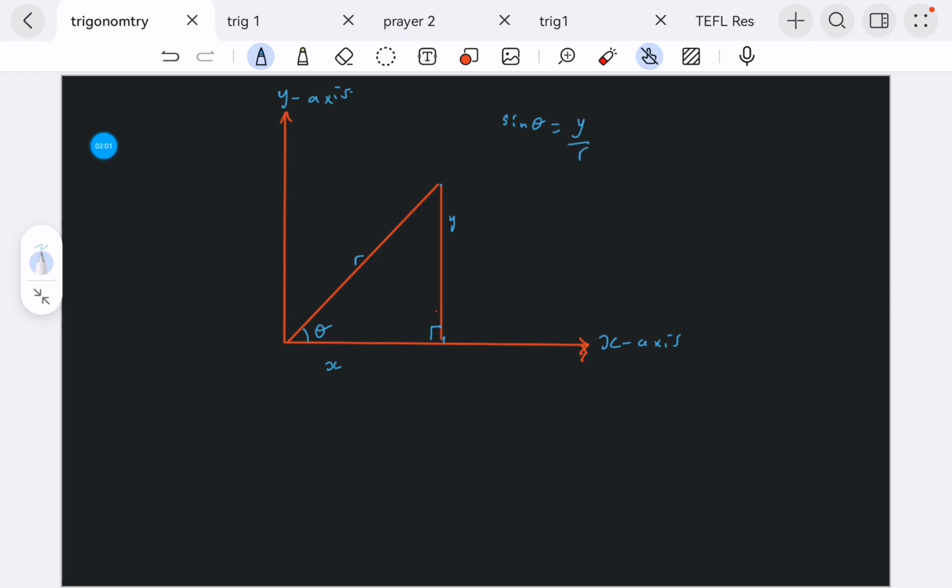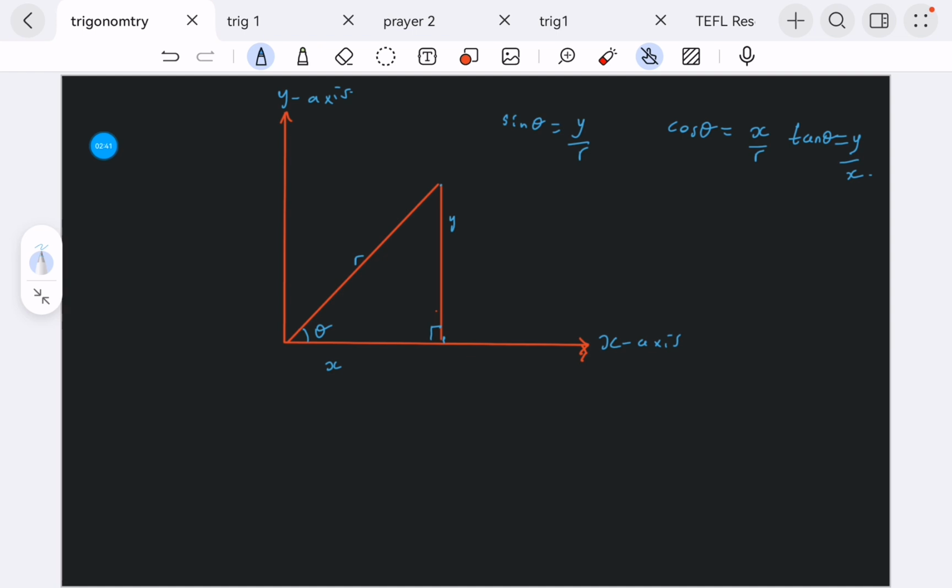I also remember telling you that cos theta is equal to adjacent over hypotenuse, x out of r. I also remember teaching you that tan theta is equal to opposite over adjacent, okay? Y out of x. Now let's modify each of these, okay?